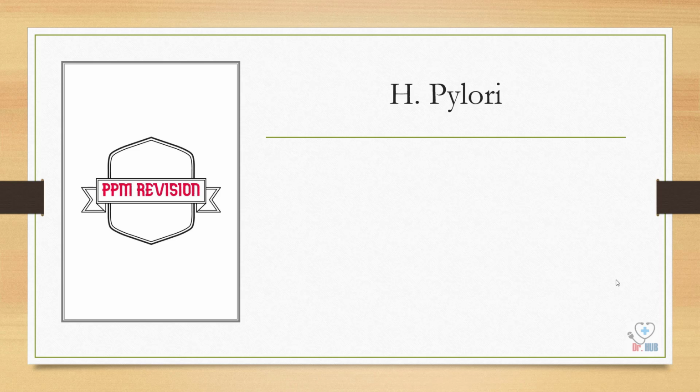That is, in case of H. pylori in the stomach, there is more conversion of urea into ammonia and carbon dioxide. And serological tests such as ELISA and indirect immunofluorescence antibody can be performed, and also PCR.